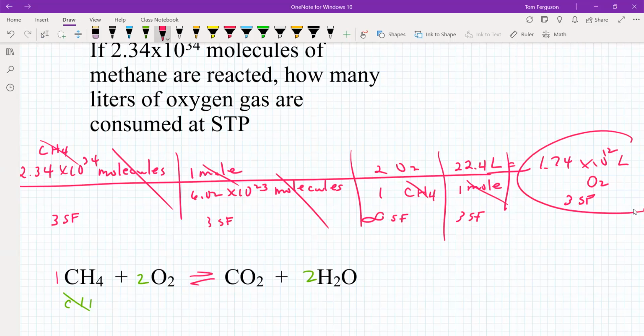Okay, so this is basically what I wanted to cover today. Basic stoichiometry. Now tomorrow, we're going to do a lot of practice problems. You could do two things. You could do nothing between now and tomorrow, or tonight you might want to review your notes from today before we start tomorrow.